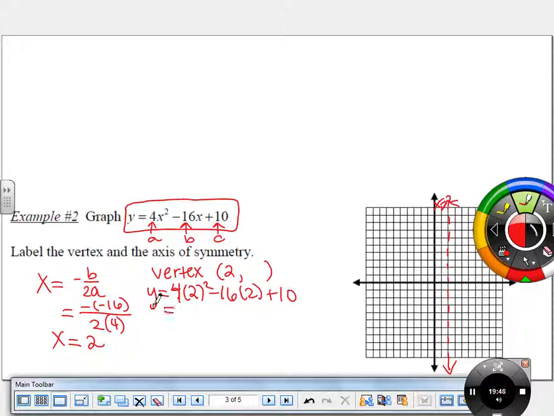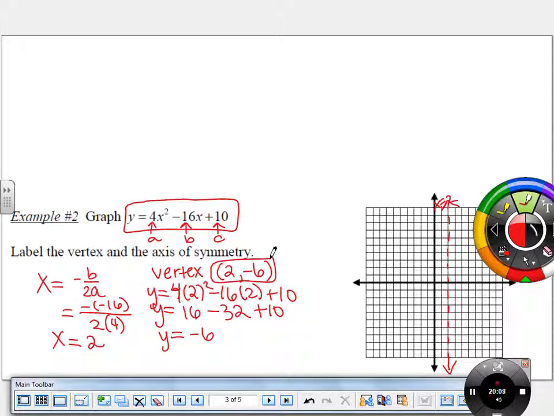So y is equal to, let's see, 2 squared is 4, and 4 times 4 is 16, minus 32 plus 10, which gives me negative 16 plus 10, which will be negative 6. So my vertex is the point 2, negative 6.